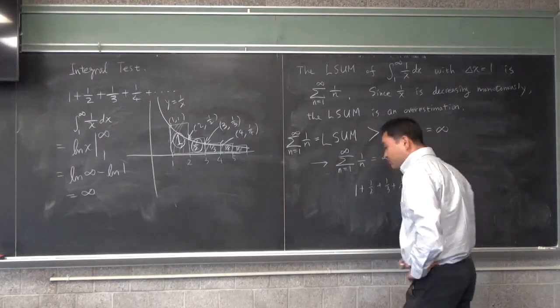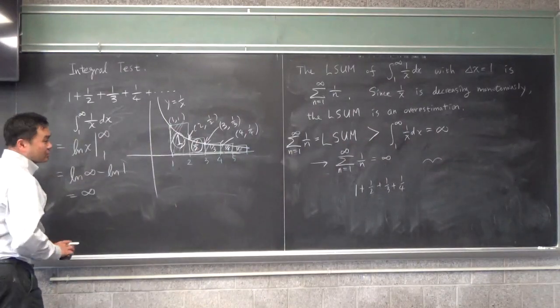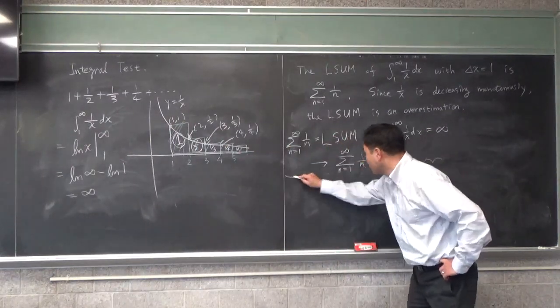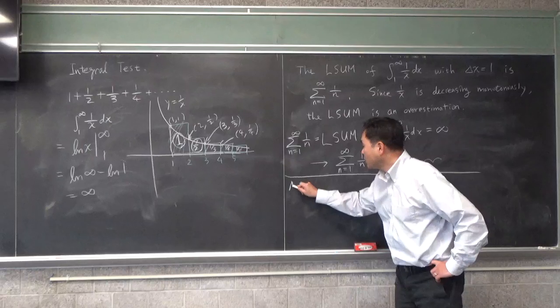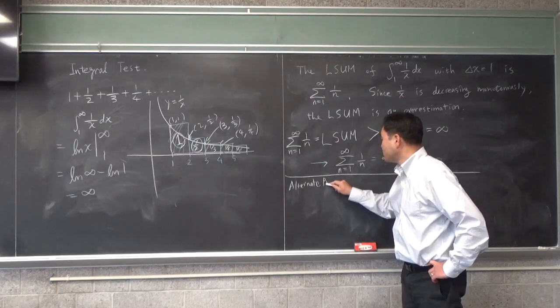So, where should I write this? Let me just write here. Alternate proof.